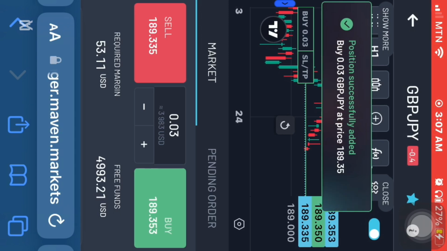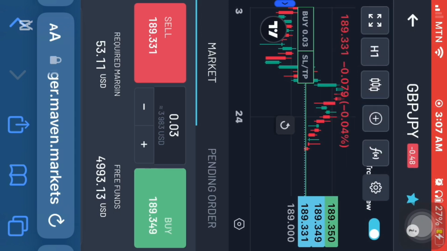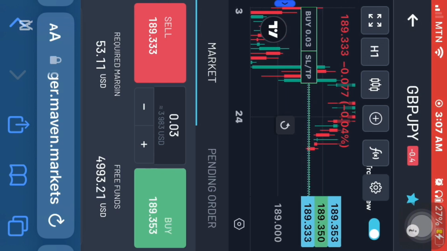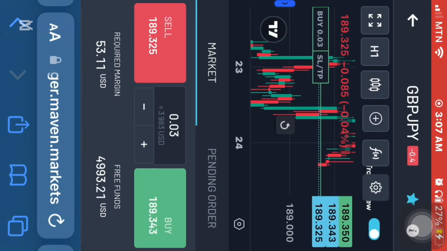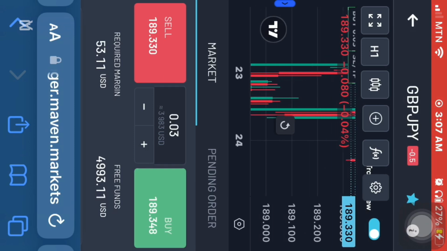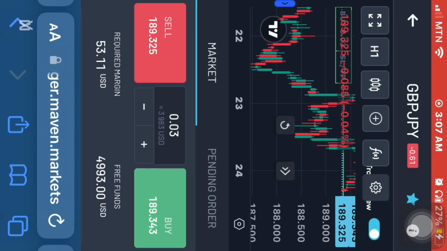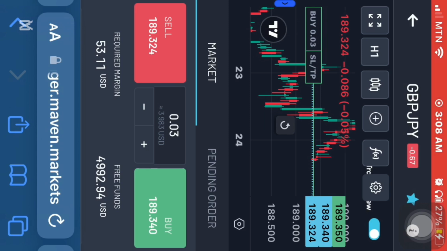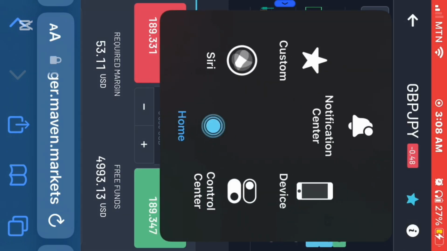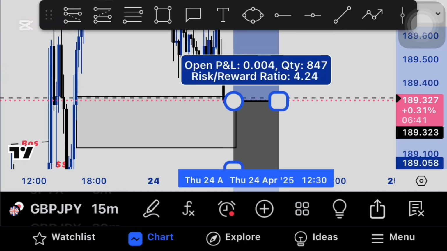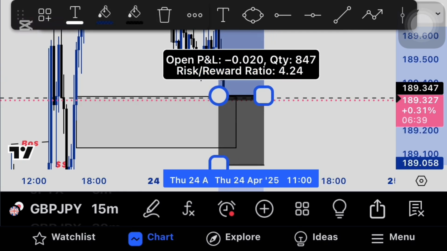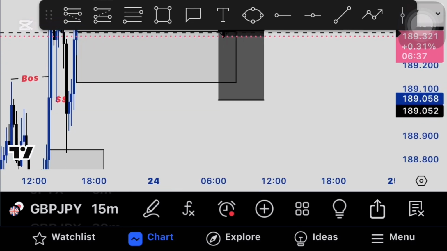So my next buy, I'll go on a buy again because of my zone. It just tapped my zone and all I have to do is to buy. So I'll be going on 0.05 on my next position. My SL is below this zone, the box you can see I drew there.